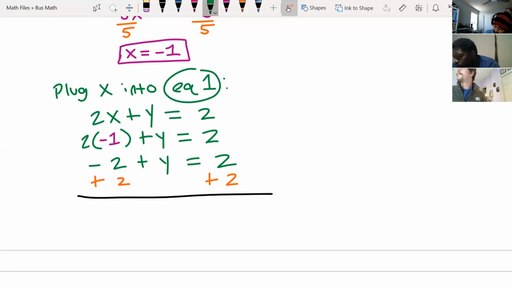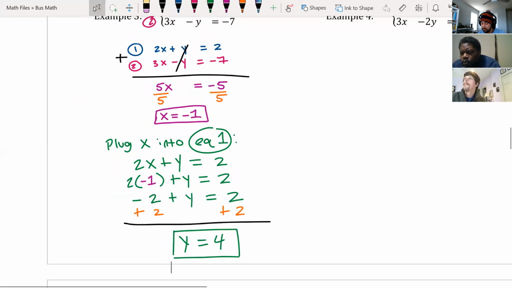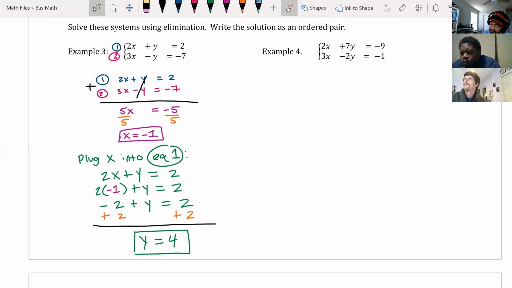And we get y is equal to 4. And all we have left to do is write the solution. So our solution is -1, 4.